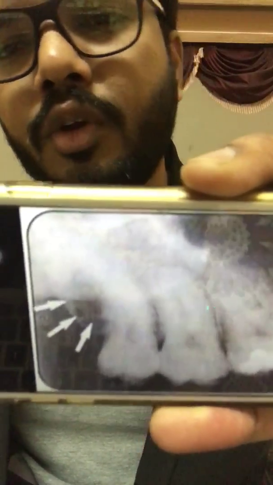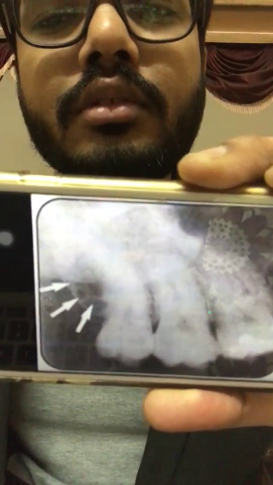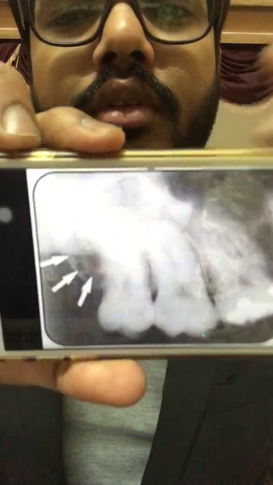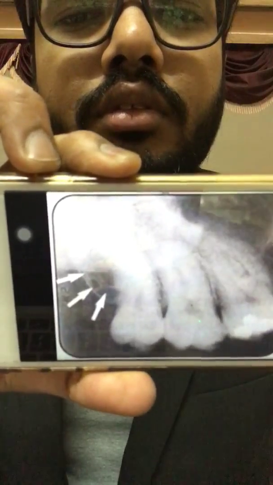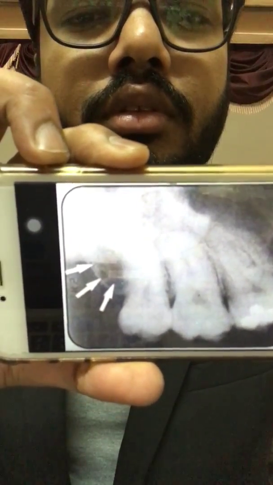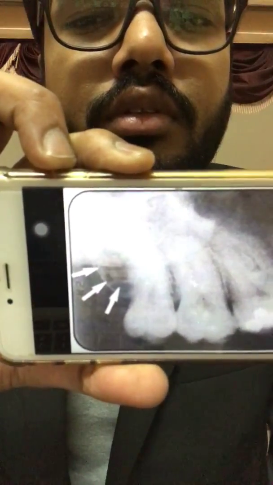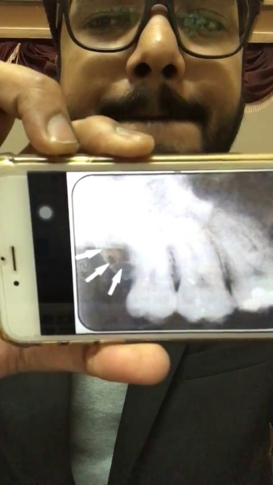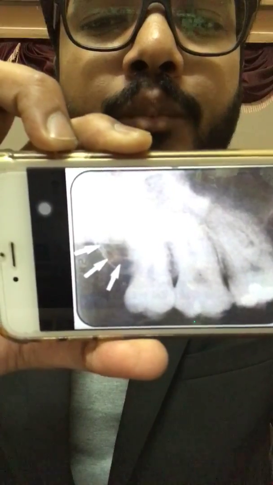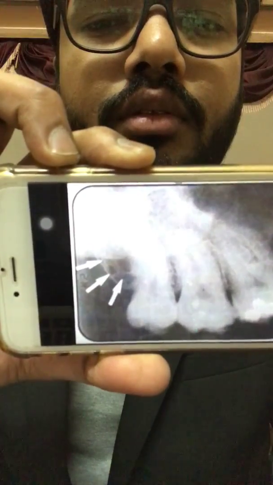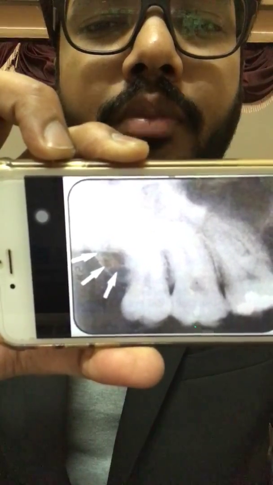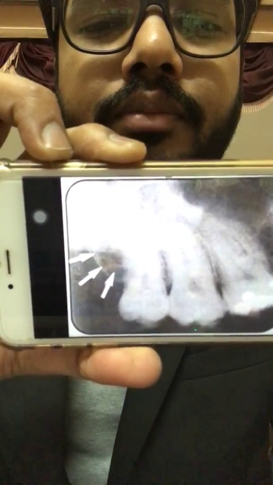I've decreased the brightness also. If you observe the arrows, what they're pointing to.